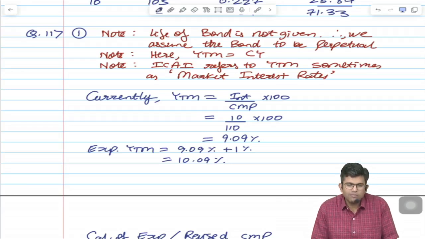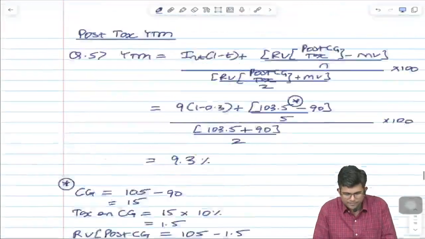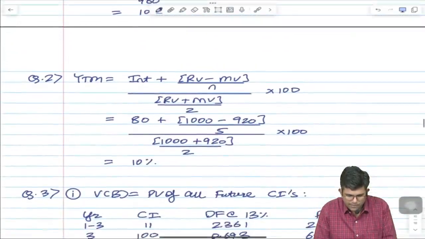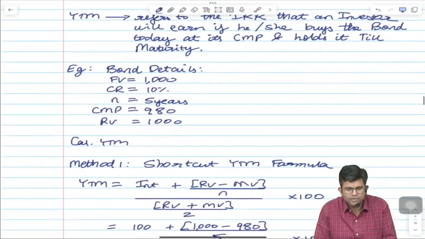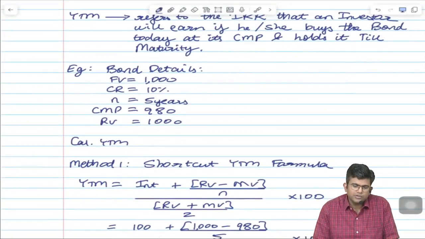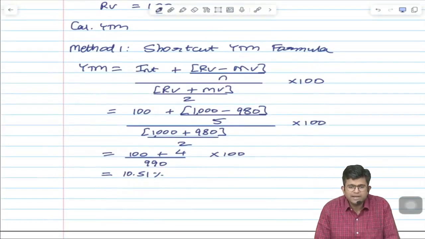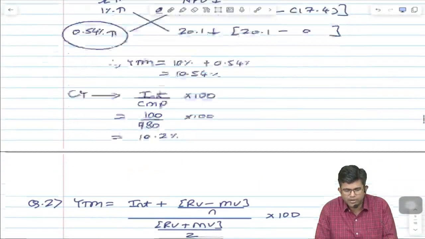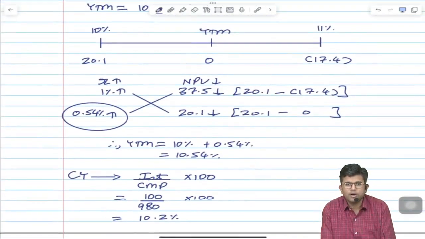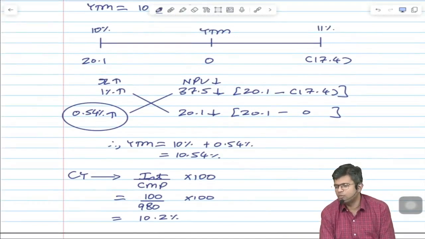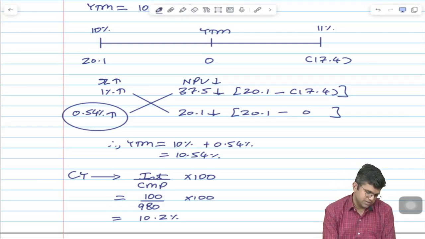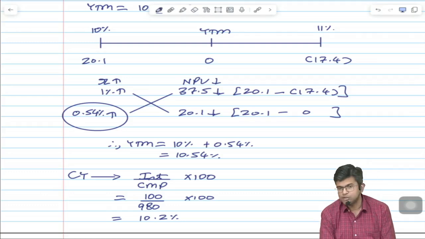Now in module 2, at the start, I gave you this information. Can you see in this information I gave you the current market price, and with that current market price we calculated YTM 10.51 or basically 10.54, whatever. We got the YTM. Now I want you to listen to me, please. Students, this is how things work.